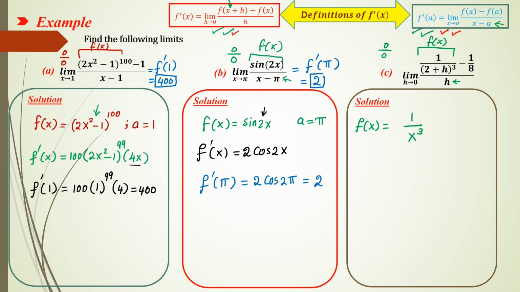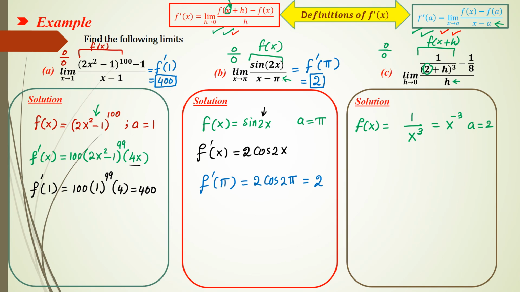This is f of x plus h. So for f of x, you have to replace x plus h, which is 2 plus h in our function, by x. So you'll get 1 over x cubed, which is x to the power negative 3, and a equals 2.